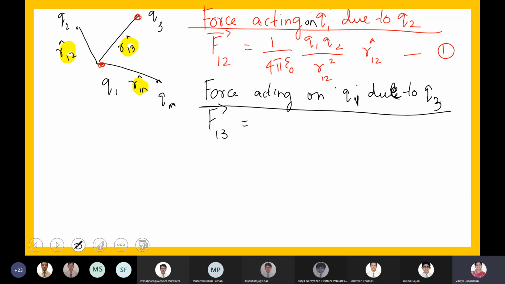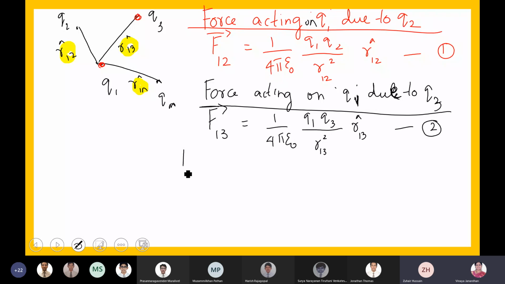F13 equals 1 by 4 pi epsilon naught, into Q1 Q3, by R13 squared, into R13 cap.